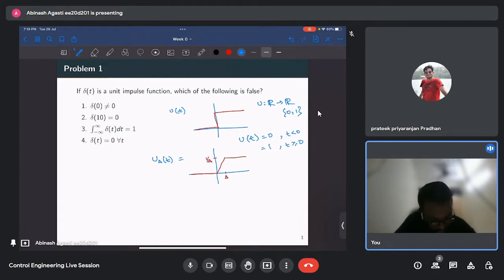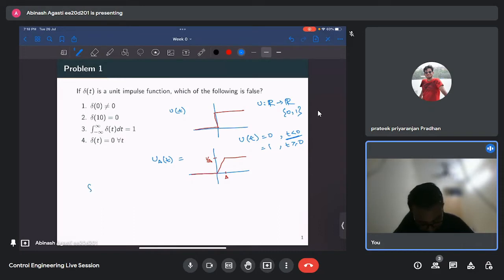What this function does is, for the t less than 0 case, it maps into 0, but for t greater than or equal to 0, instead of having a discontinuity and jumping up to the value 1, it takes some delta time to go up.